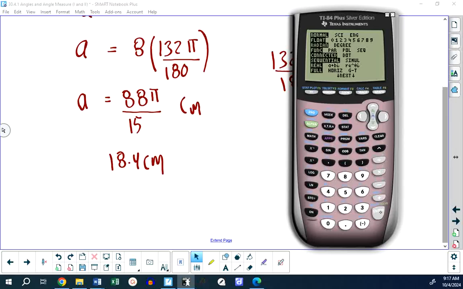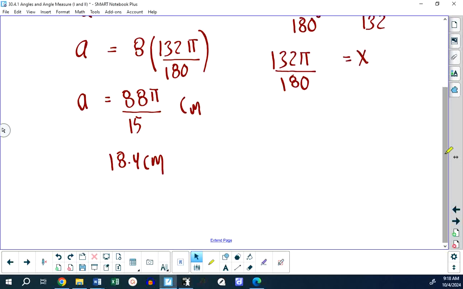We have to take that 132 degrees and write it as radians. So I go 132. I go to my angle submenu and I slap a degree label on it. This is the number of radians in decimal form. And now if I multiply that by, what was it, 8, I get the answer. Okay.